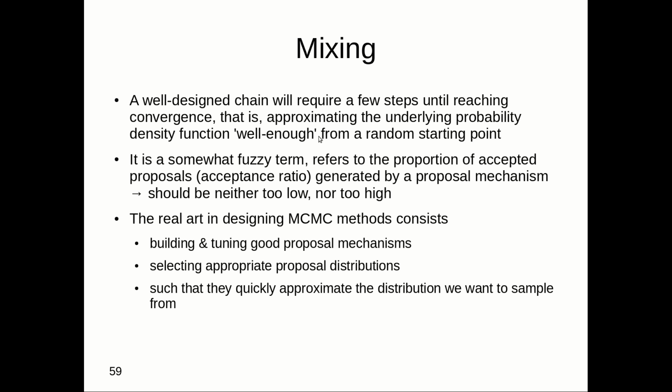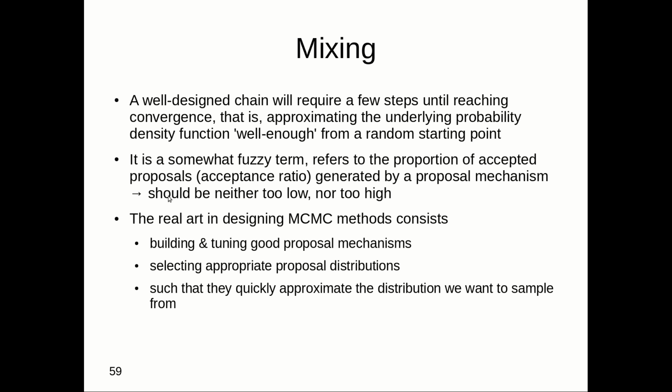The term is somewhat fuzzy because it refers to the proportion of accepted proposals, what we call the acceptance ratio, generated by a proposal mechanism. For instance, if the robot is programmed in such a way that it accepts 60% of the moves, then it will have an acceptance ratio of 60%.